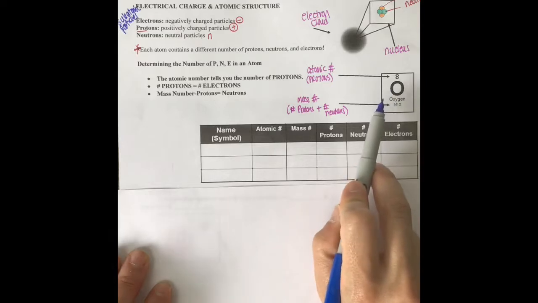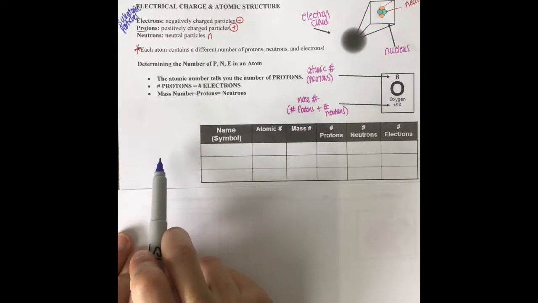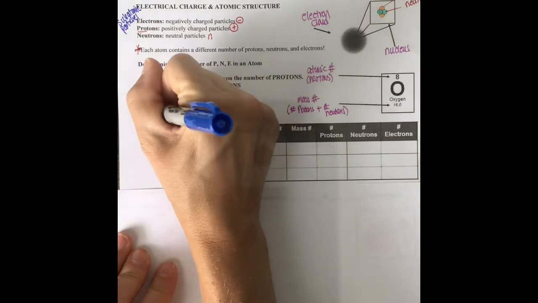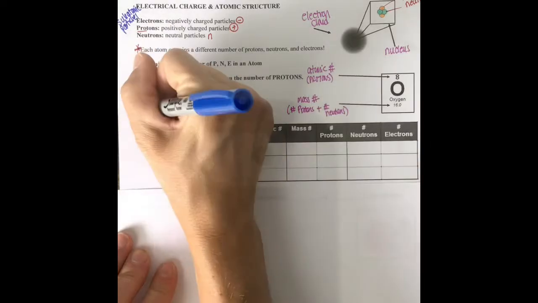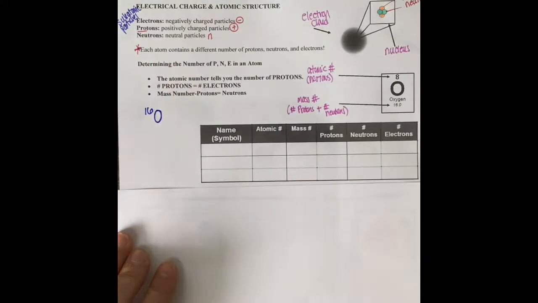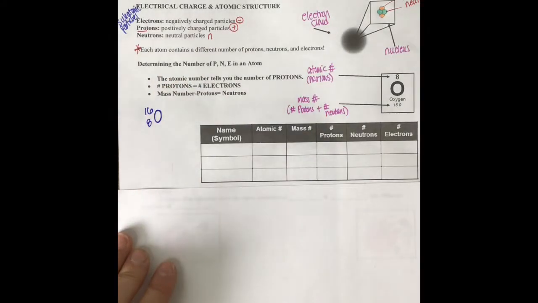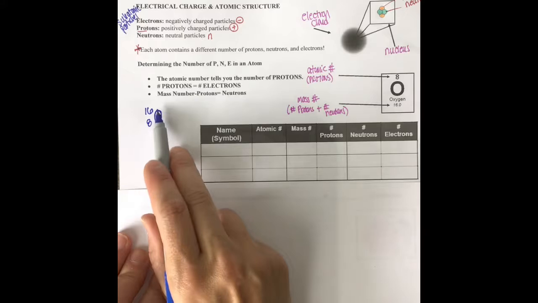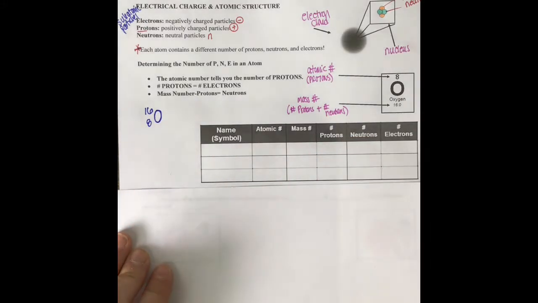But if you're not looking at a periodic table, I want to show you two ways you might see your element written. One way is you might see the symbol in the middle. You'll see the mass in the upper left-hand corner, and you'll see the atomic number in the bottom left-hand corner. So this is the same way of writing this element here.